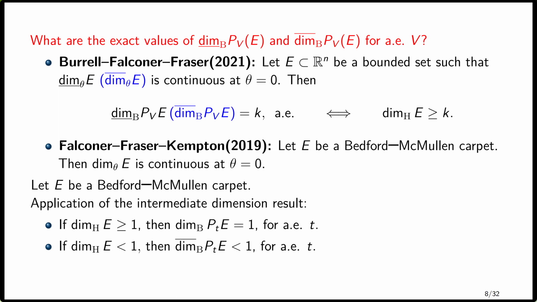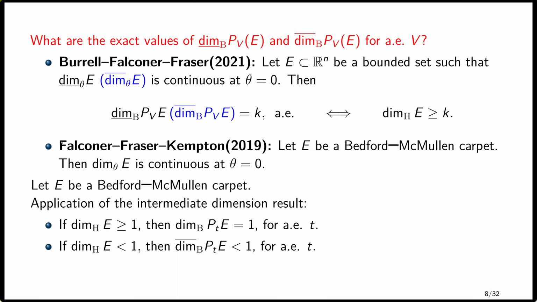And if the Hausdorff dimension is strictly less than 1, from their results, we only get that the upper box dimension of a projection set is strictly less than 1. But there are some questions. Are the upper box dimension and lower box dimension equal, and what is the exact value almost everywhere?